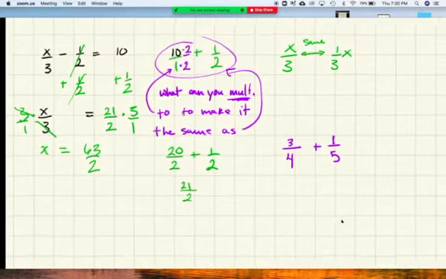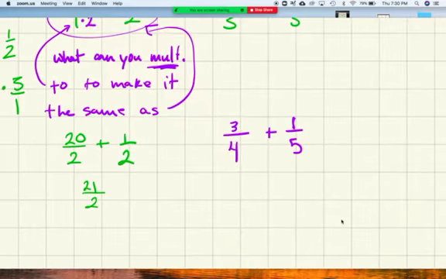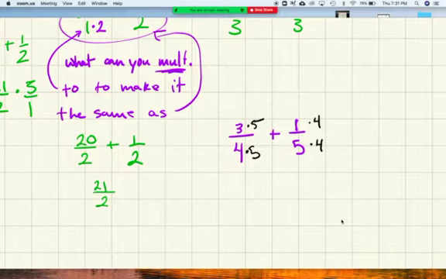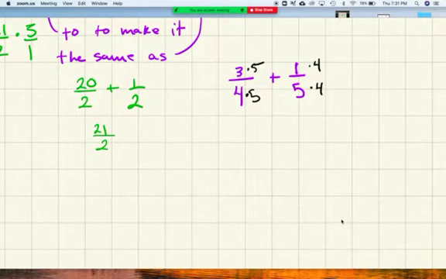So the question is, what can you multiply to these numbers so that afterwards they become the same number? I did like 20, right? Yeah, 20 is the common denominator. You can multiply this one by 5, and then this one by 4. And then the bottoms will become the same. The bottom will become 20.